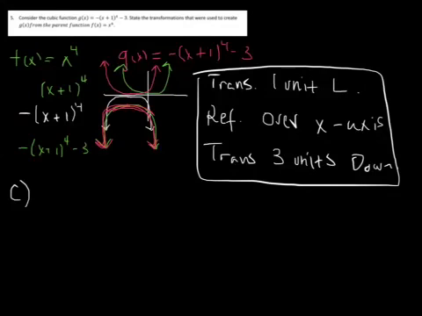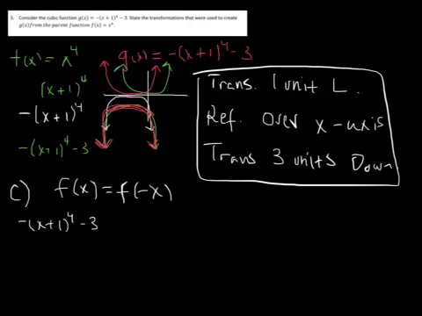And to test whether it is even, I would like to know whether f of x is equivalent to f of negative x. How would I test that? Well, I've got to actually test. I know what f of x is. It's negative x plus 1 to the 4th power minus 3.